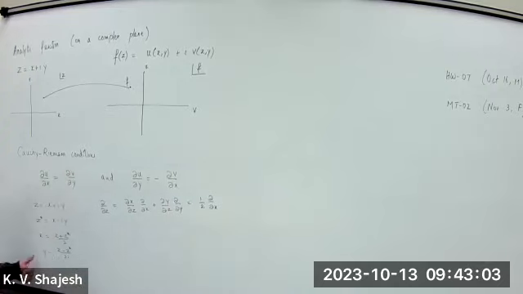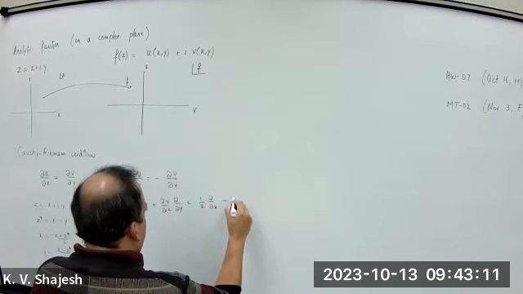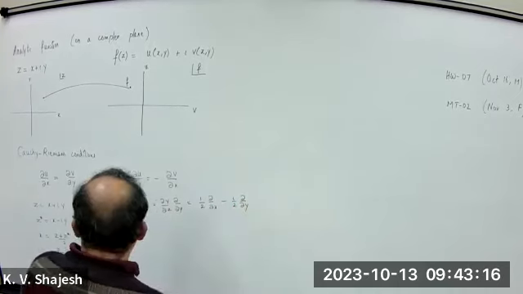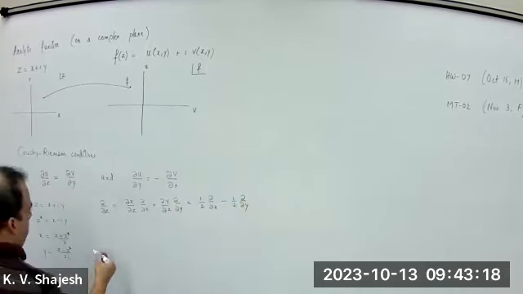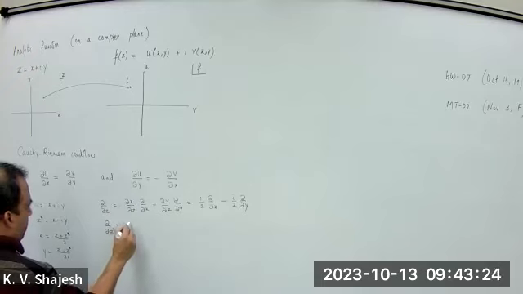And when it comes to d by dy, dy by dz is 1 over 2i. So that's minus i over 2 d by dy. That's one derivative.